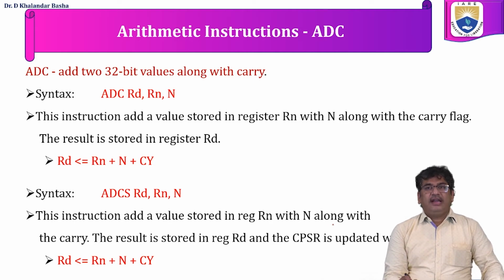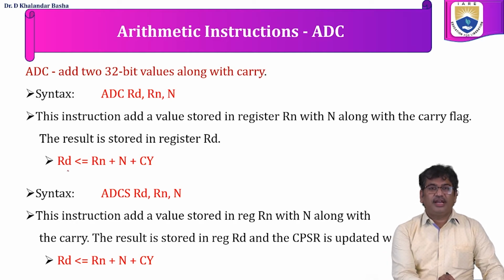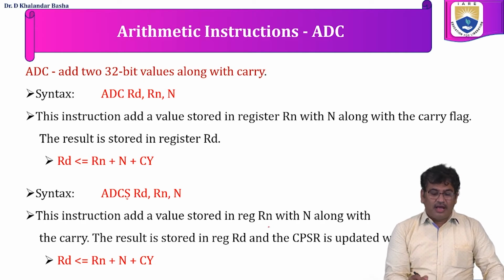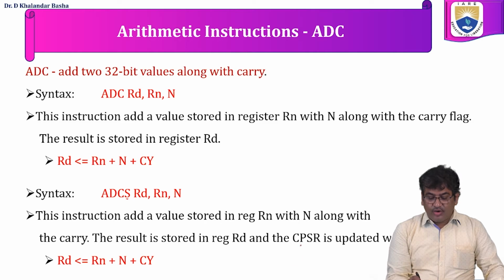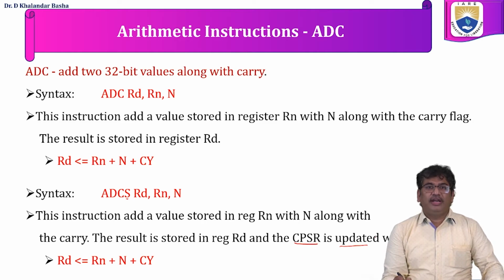The expression we can write as RD = RN + N + carry flag. If the S suffix is added, the functionality is the same as ADC, but it is going to update the CPSR register flags. Depending upon the result, the flags in the CPSR will be updated.